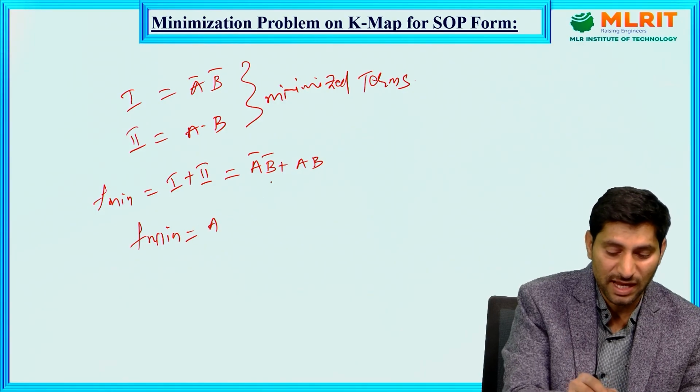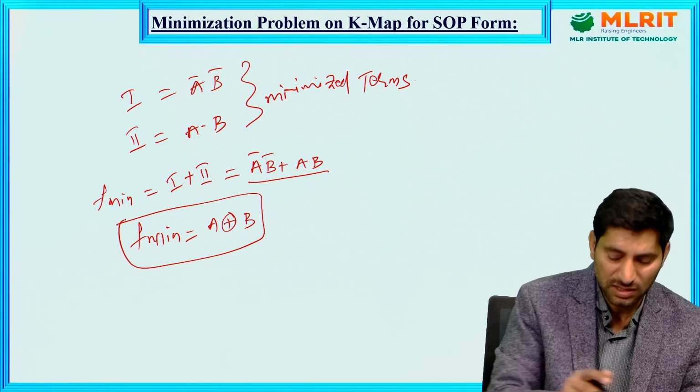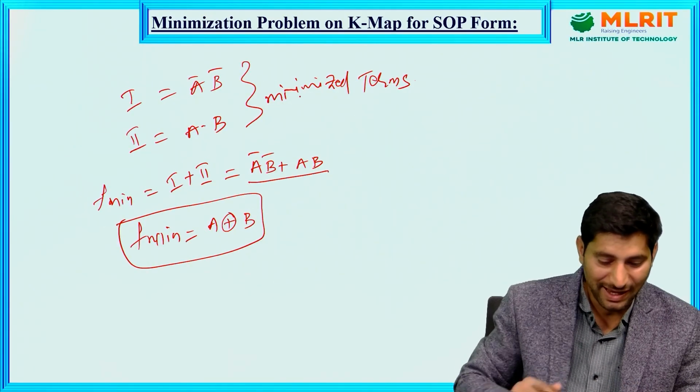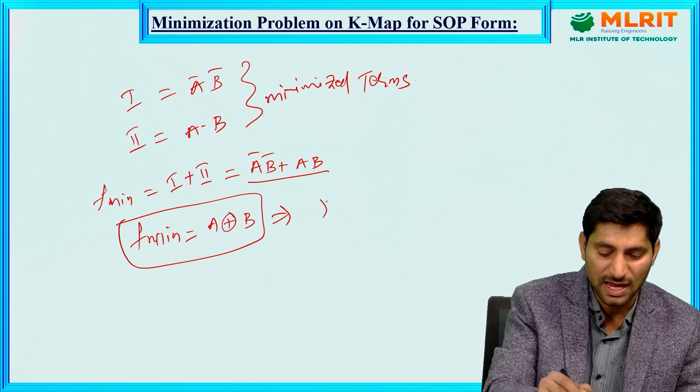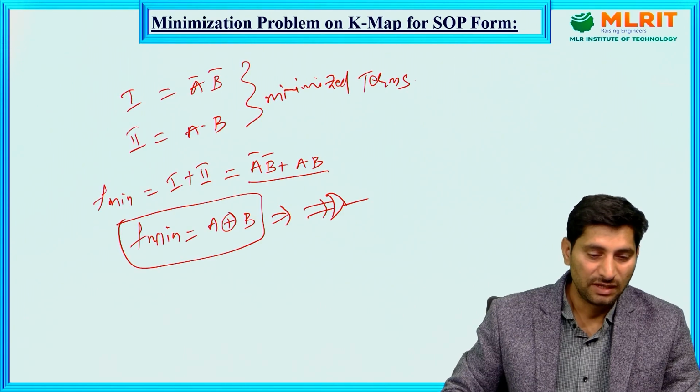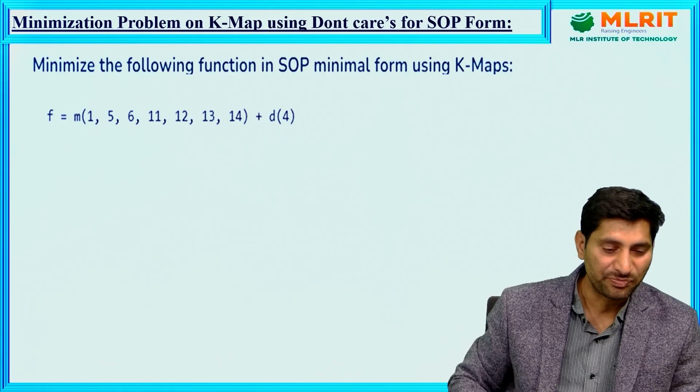I can say A bar, B bar plus AB is clearly A XOR B. So the minimized function is an XOR gate. Right?